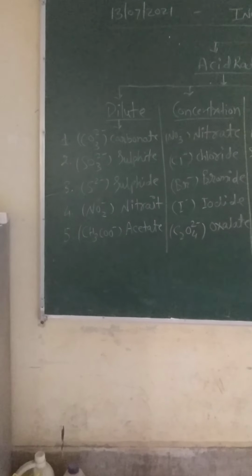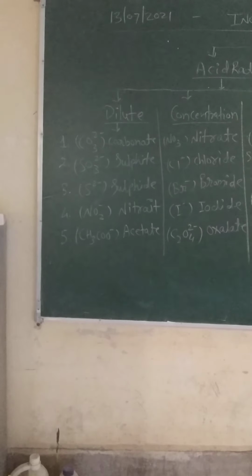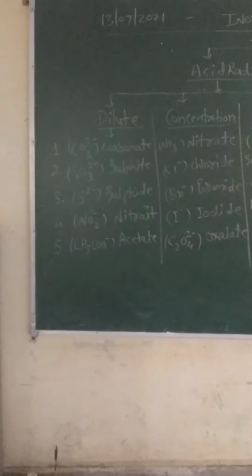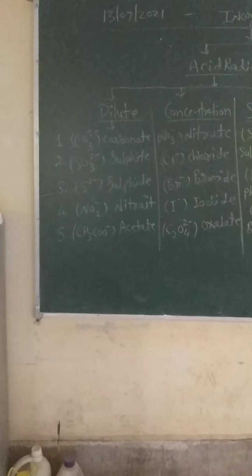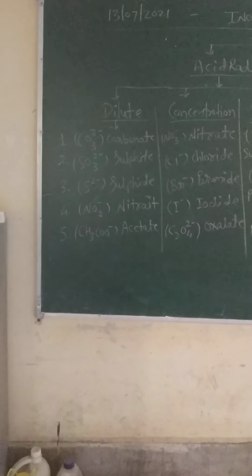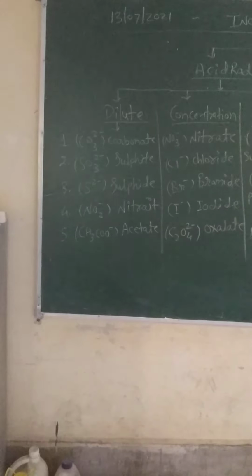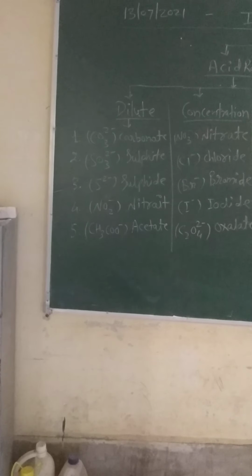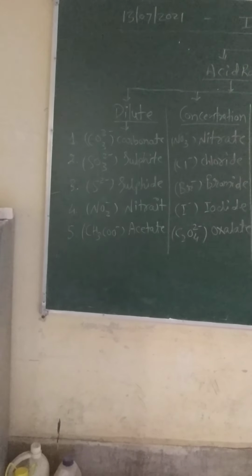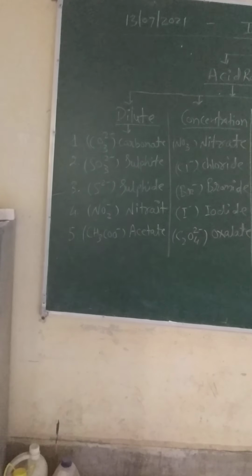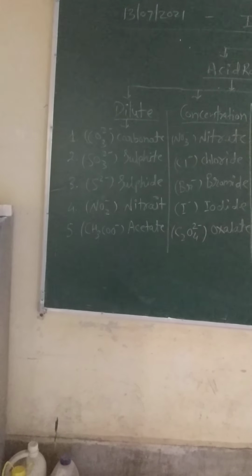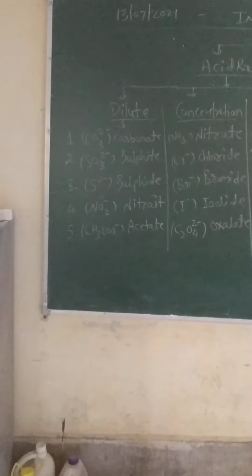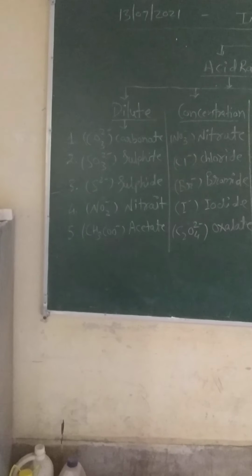The gas evolved with white fuming from the test tube is passed into lime water, that is, calcium hydroxide. The lime water turns white and milky, which is the confirmatory test for carbonate. So for the acid radical, first the dilute radical, carbonate, the process is complete.